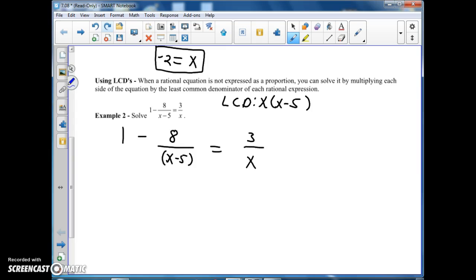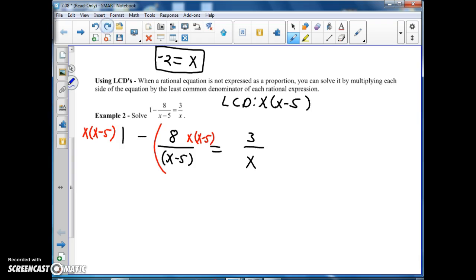So I'm going to take the 1 and multiply it by the LCD, x times x minus 5. Oh wait, hold on, what do you do with that negative? What was the trick? You make that into a positive and put the negative on the 8, right?